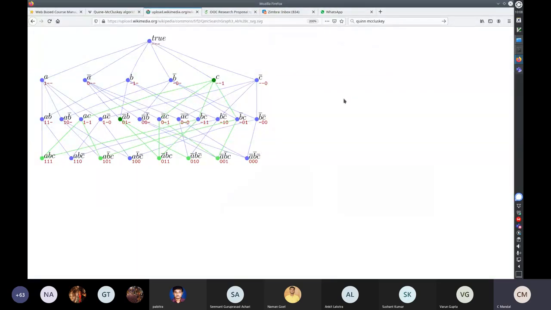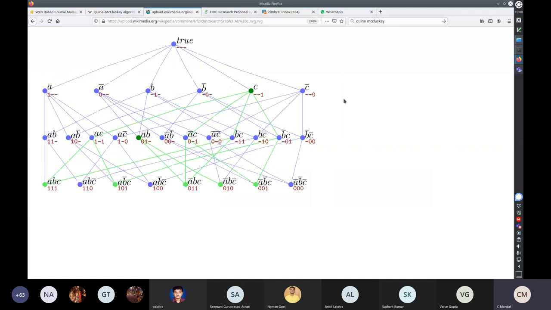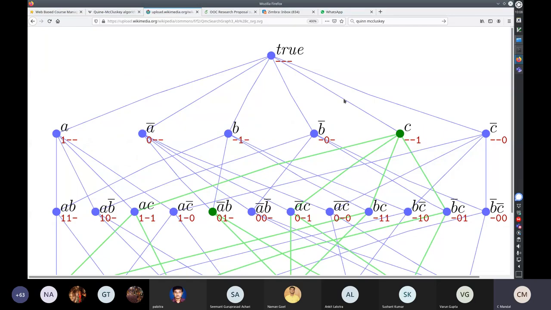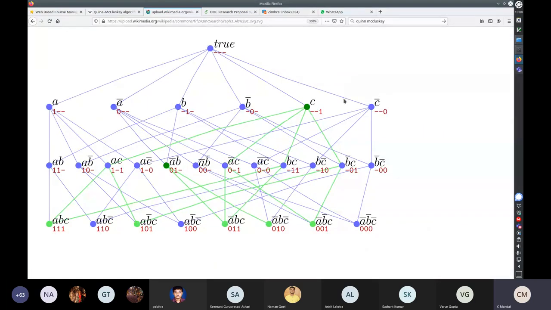So yesterday, in fact, there was a discussion on this. I'll just take this discussion further. So in this diagram, this one is opened in, I mean, I'll just try to save it.